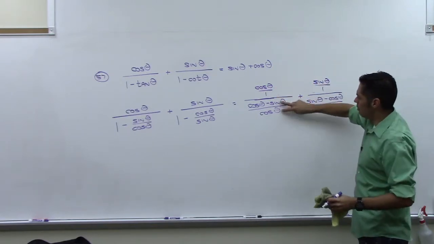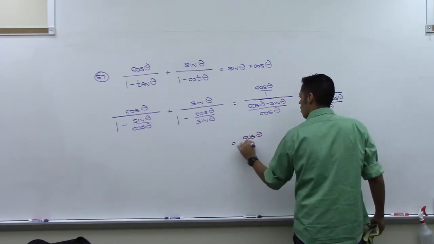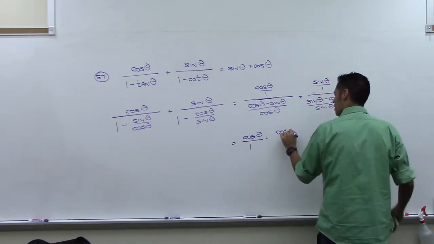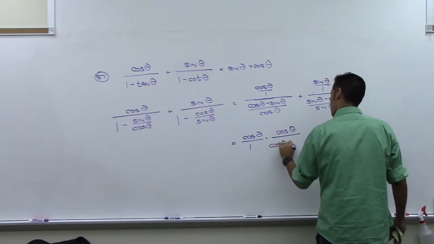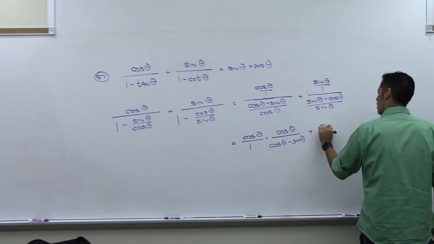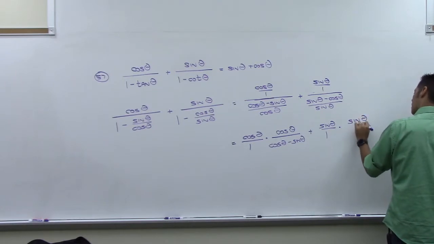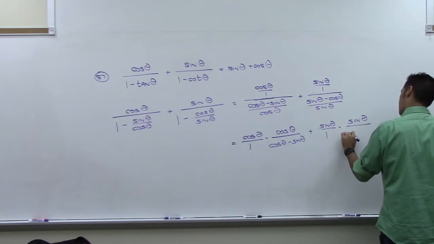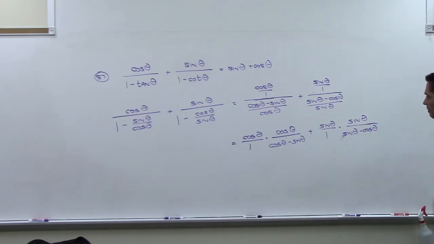And so I have a fraction over a fraction, so I flip it. So I've got cosine theta over 1 times the reciprocal here, cosine theta on top. And on the bottom I have cosine theta minus sine theta. Then plus sine theta over 1, and then times sine theta over sine theta minus cosine theta. All right.